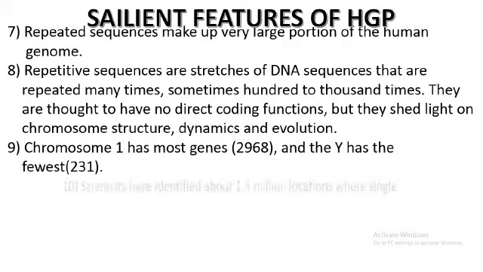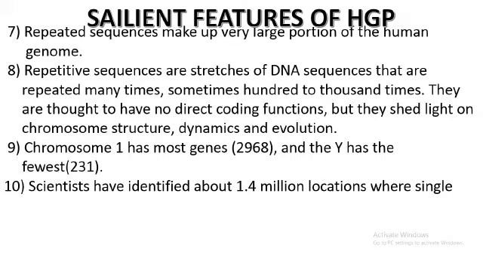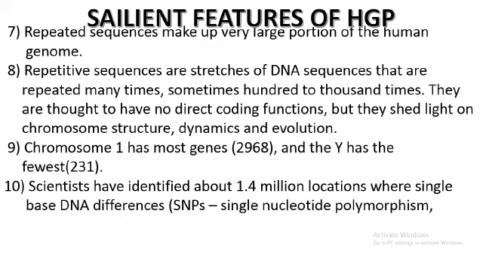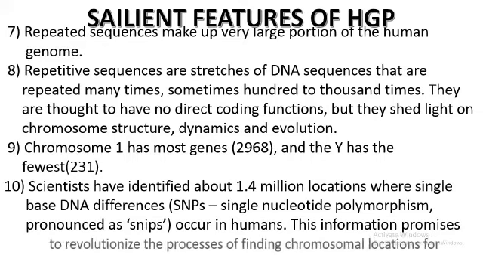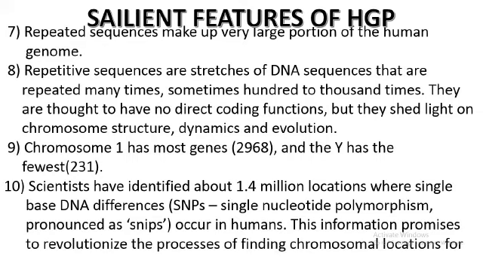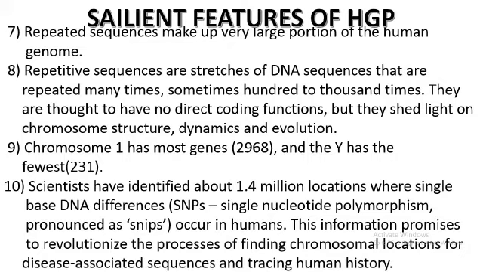Then the next and last salient feature of HGP is that scientists have identified about 1.4 million locations where single base DNA differences are known to occur. These single base DNA differences are called single nucleotide polymorphism, pronounced SNPs. The existence of SNPs is important because it helps in finding chromosomal locations for disease associated sequences and tracing human history.